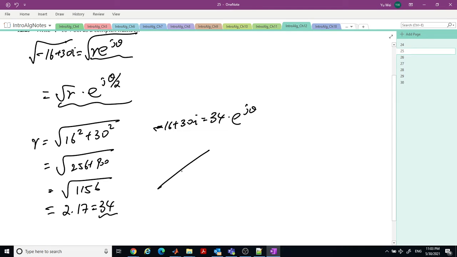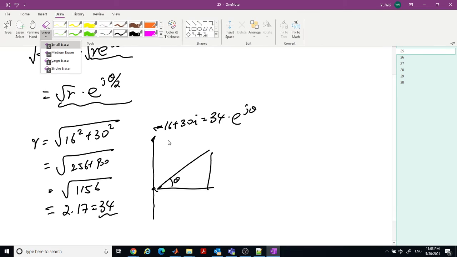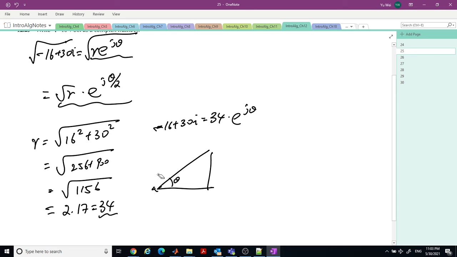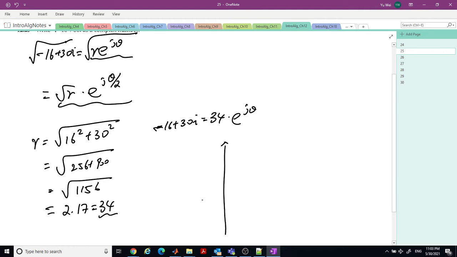Now theta is this, right? So this is theta, and we know, let me redraw it. Okay, here is the real and imaginary.